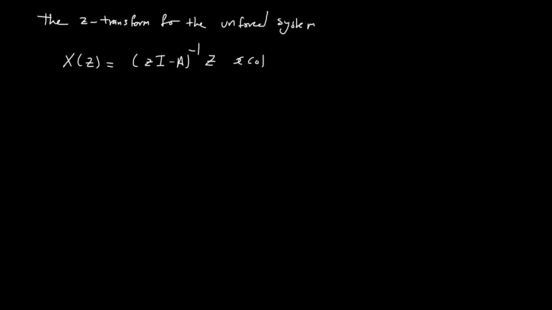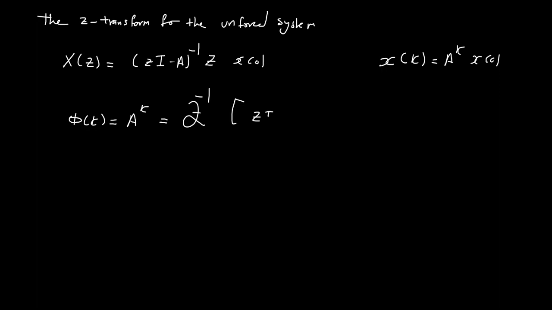And simply if we recall the solution of the recursive system, X of k which equals A to the power k X of 0, we can say that the state transition matrix phi of k, which equals A to the power k, will equal the inverse Z transform of (zI minus A) inverse Z.